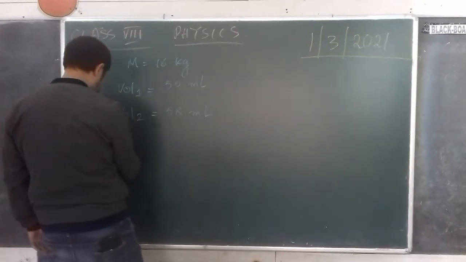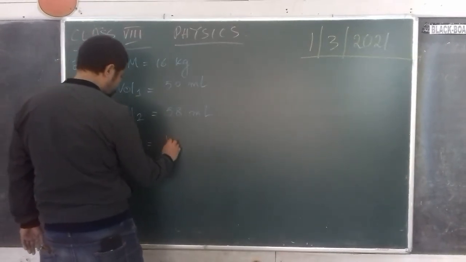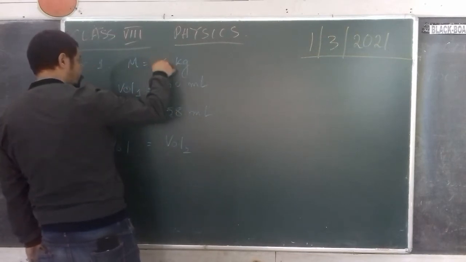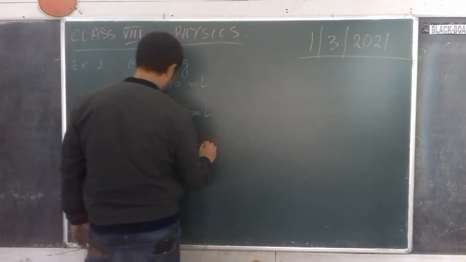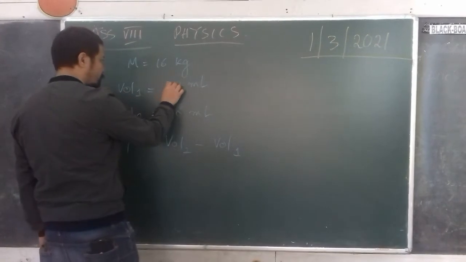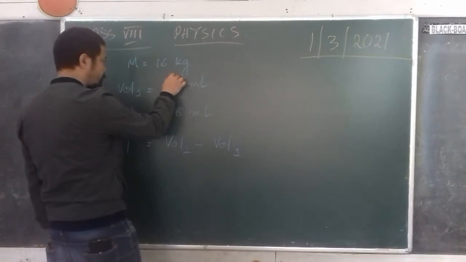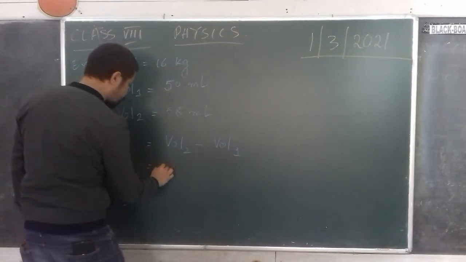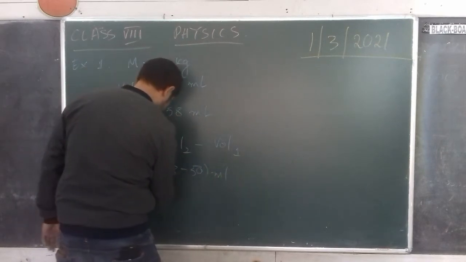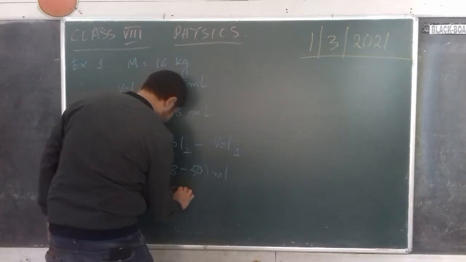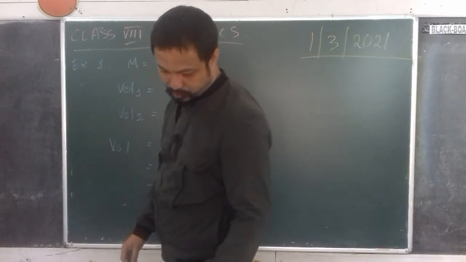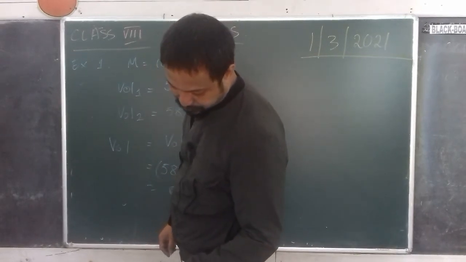So volume of the solid, we'll call it volume 2, is the final volume after you put the solid inside the water, that's 58 milliliters, minus volume 1, the initial volume in the measuring cylinder without the solid. So this will be 58 minus 50, which comes to 8 milliliters.